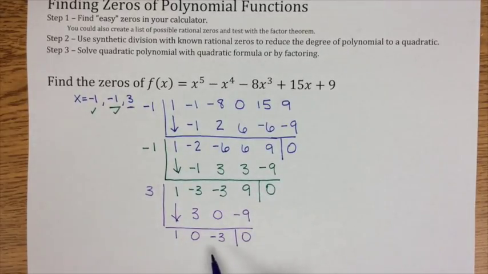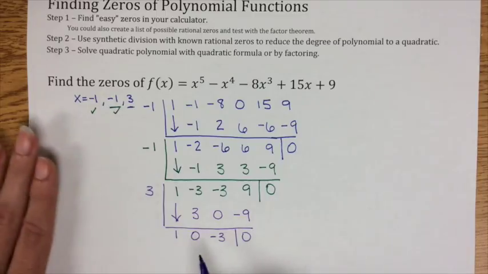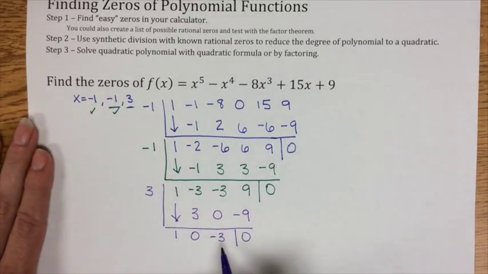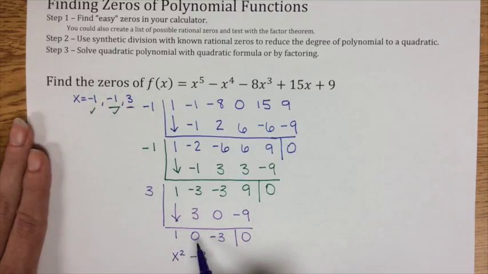Now I could use the quadratic formula if I wanted, but whenever you have a missing term in the middle, you don't really need to, because the polynomial that you get right here is x squared minus 3. There is no linear term. And if you have trouble figuring out your degree, you have two options.